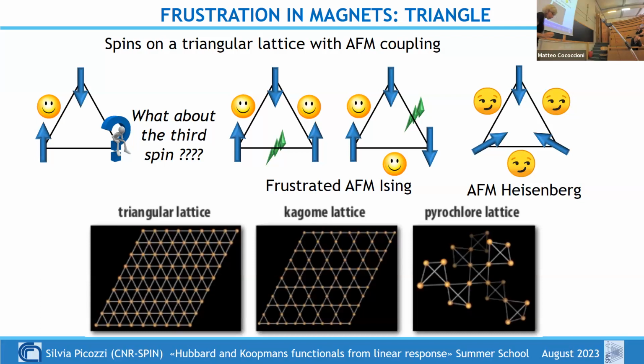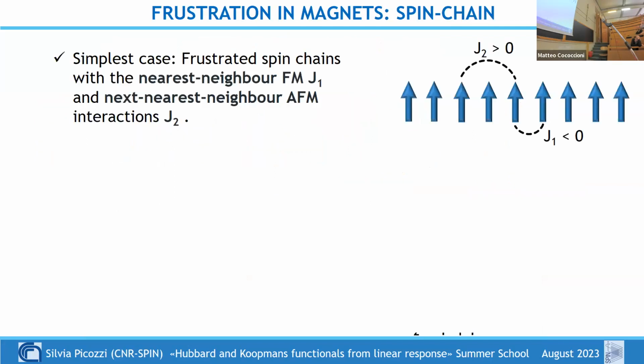So exchange frustration is strongly connected to the crystal. You can have frustration in certain kinds of lattices: triangular lattices, Kagome, and in three dimensions, pyrochlore. In our case, we have a triangular lattice, so we are satisfying the basic ingredient of having exchange frustration.